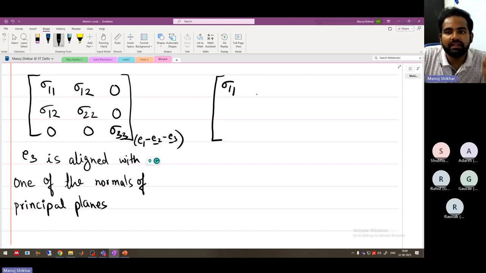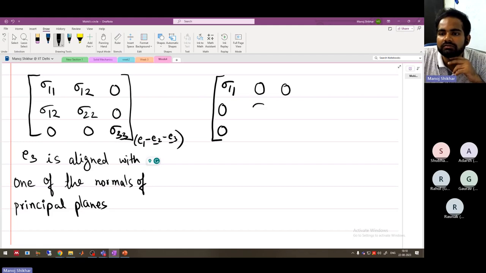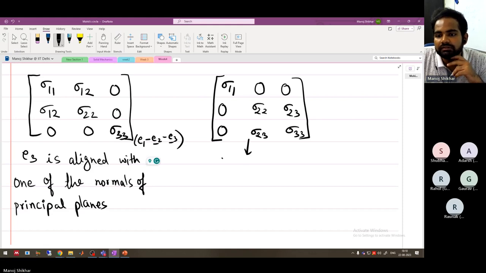Since E1 is a normal to one of the principal planes, the shear component will be 0, so sigma 1 2 and sigma 1 3 are 0. Sigma 2 2 will be present. Sigma 2 3 will be present. Similarly here it will be sigma 2 3 and sigma 3 3. Here E1 is aligned with one of the normals.